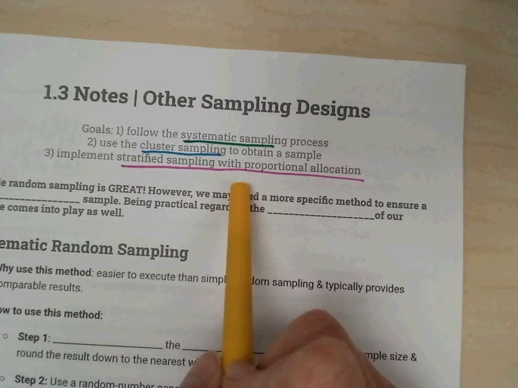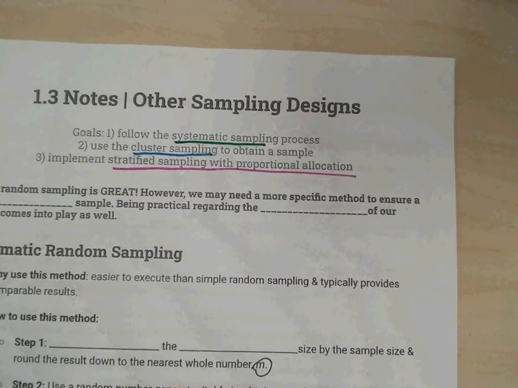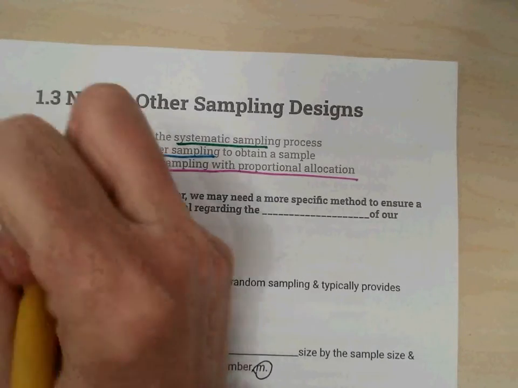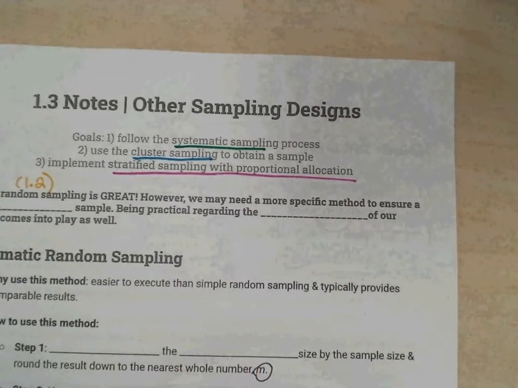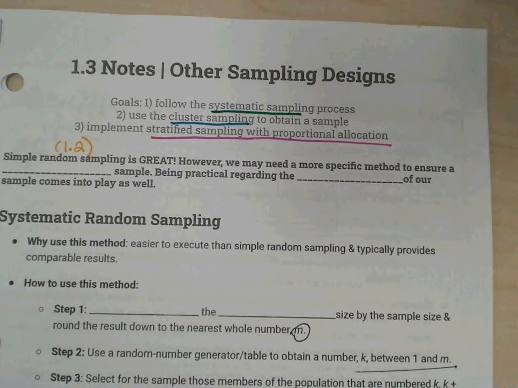So simple random sampling is great. So that's from 1.2. However, we may need a more specific method to ensure a, what kind of sample? Starts with an R. Yes, representative.